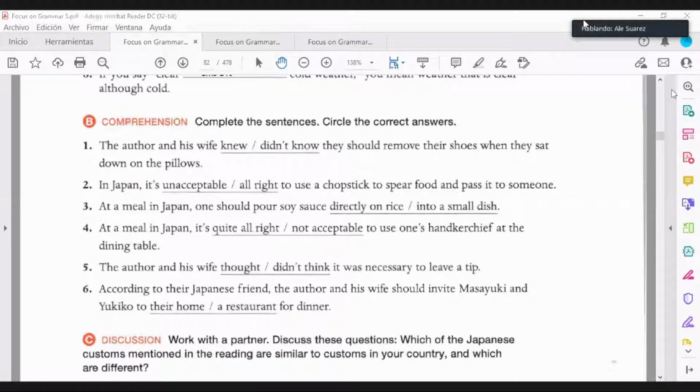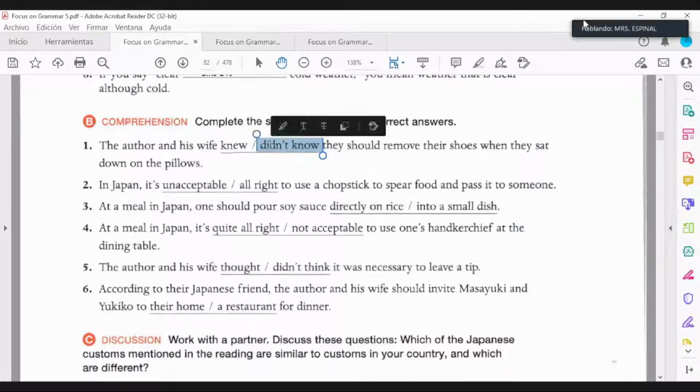The author and his wife didn't know they should remove their shoes when they sat down on the pillows. Okay, the author and his wife knew or didn't know? This one, right?